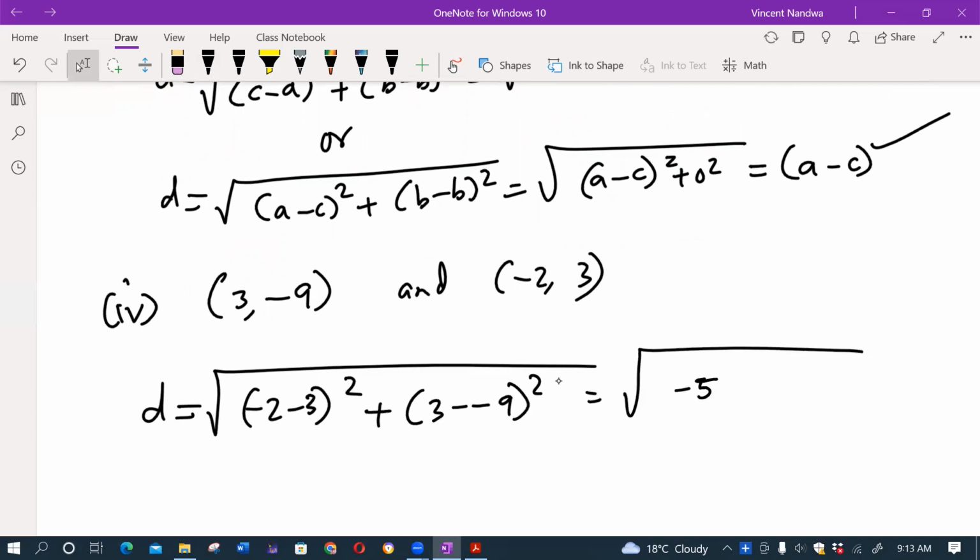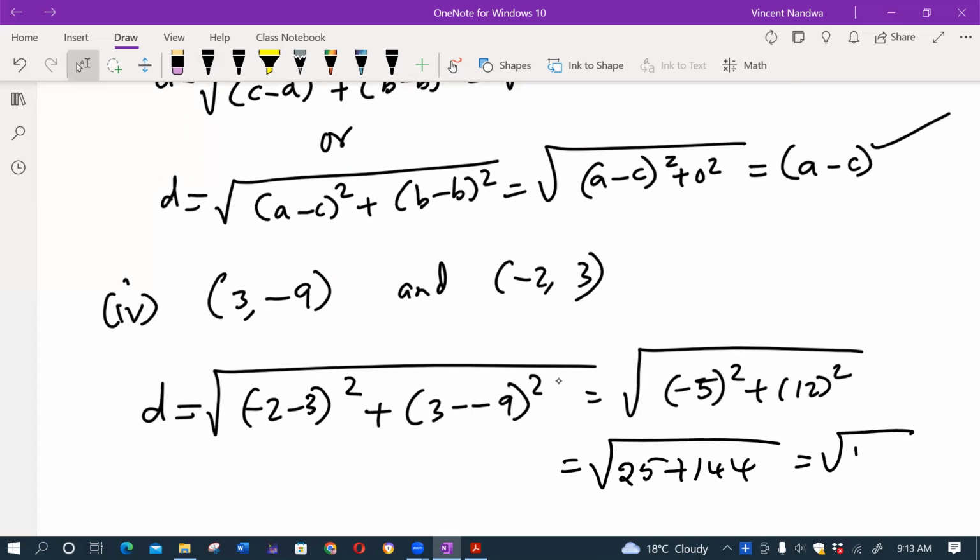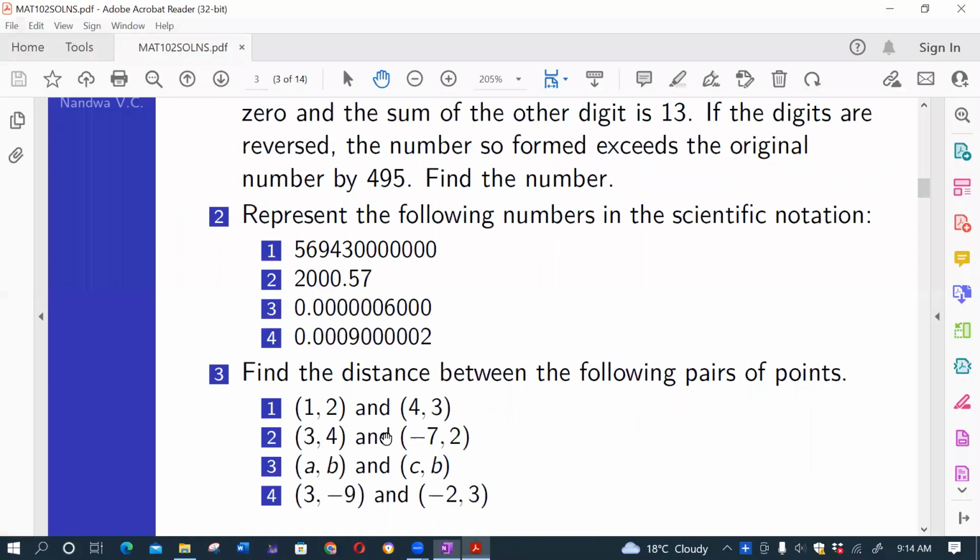So minus 5 squared plus minus 6... plus 12 squared. 25 plus 144, square root of 169, which is 13. So that is how we were supposed to solve this part, question 3, part 4.